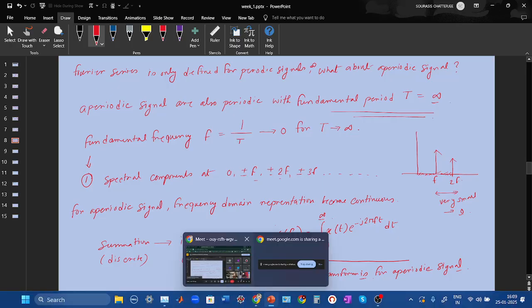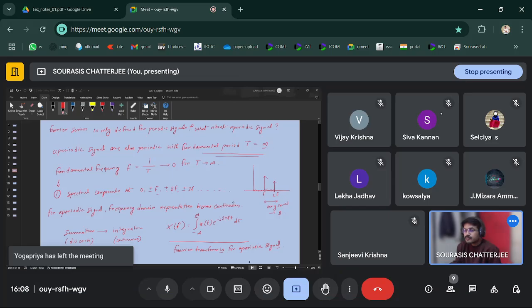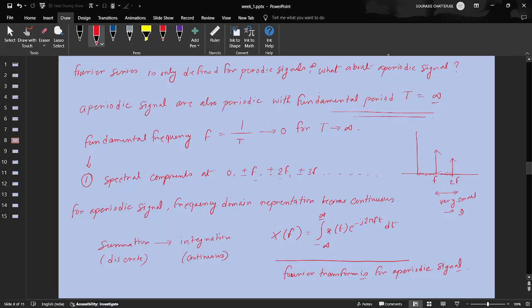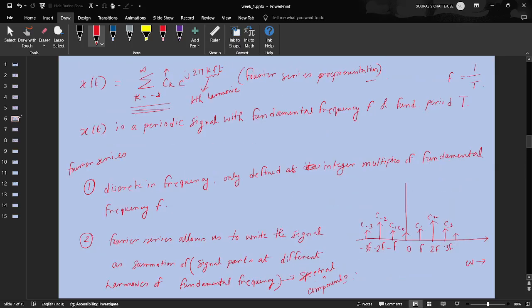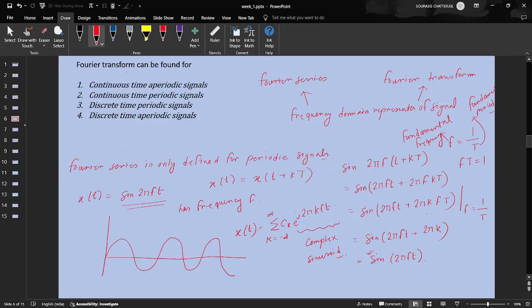So to answer the question, what was the original question? The original question was that the Fourier transform can be found for continuous time aperiodic signals.